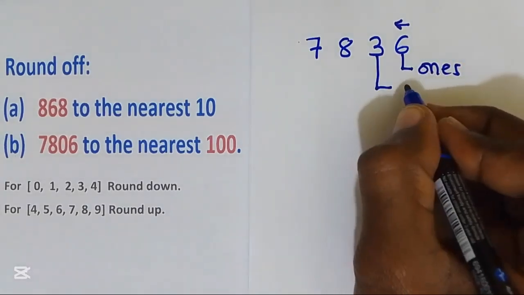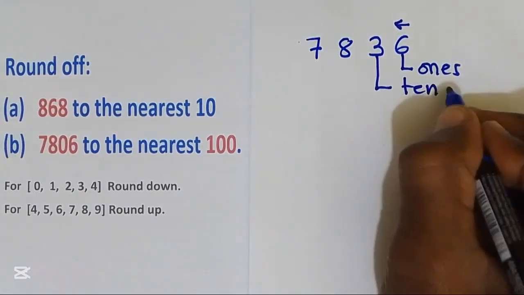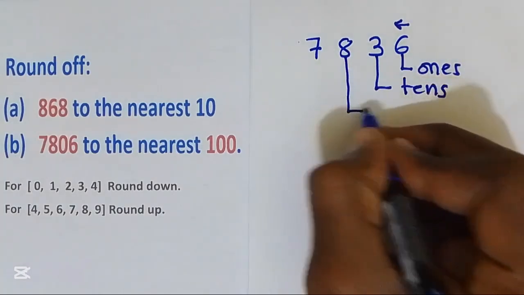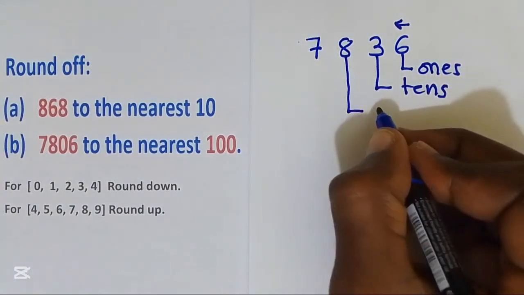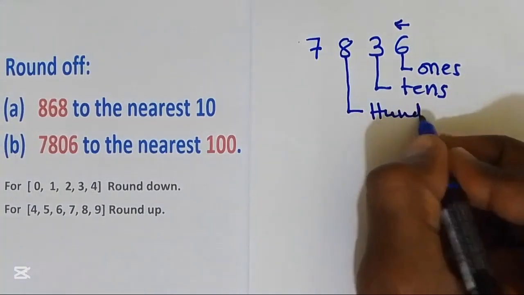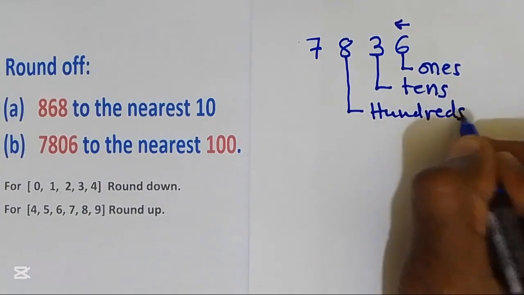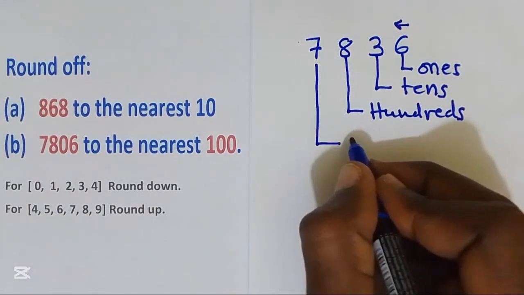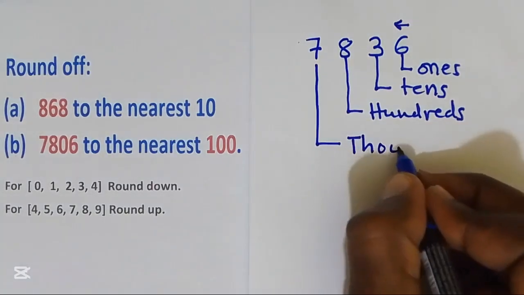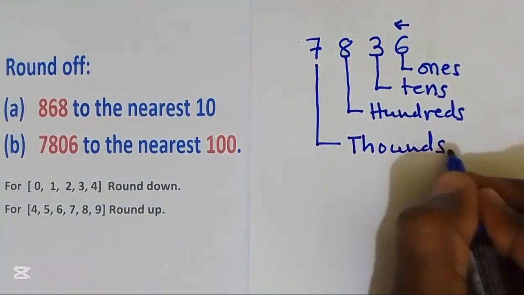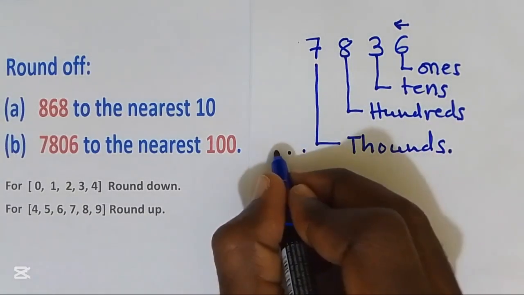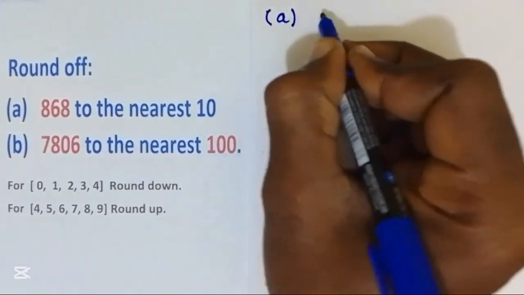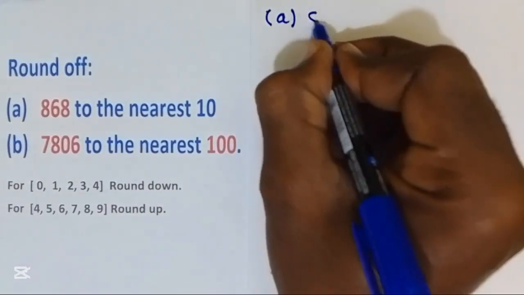The second digit is tens. The third digit is hundreds. And the fourth digit is thousands. And so on.